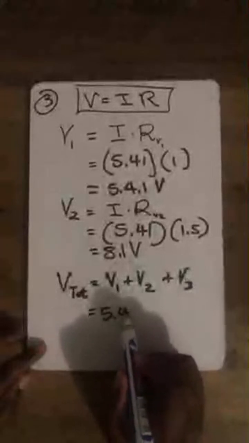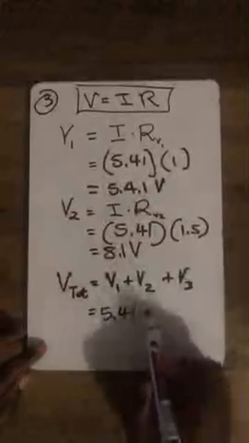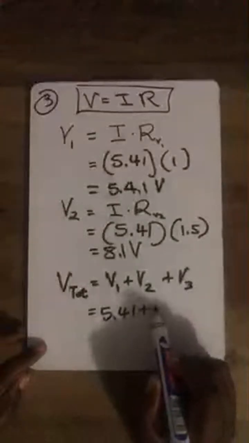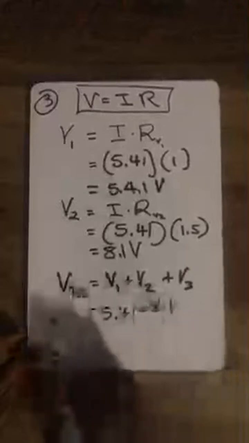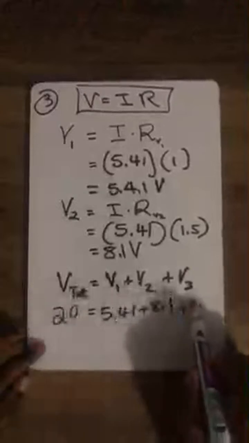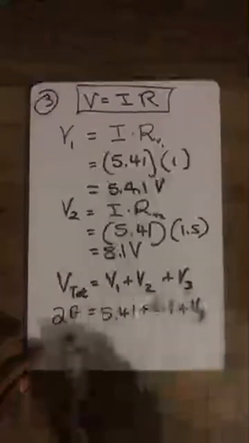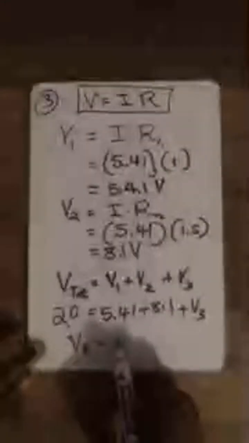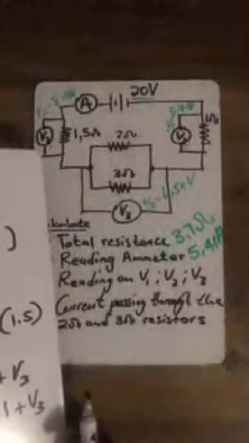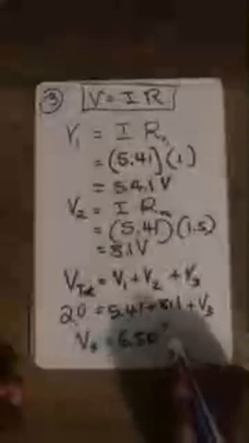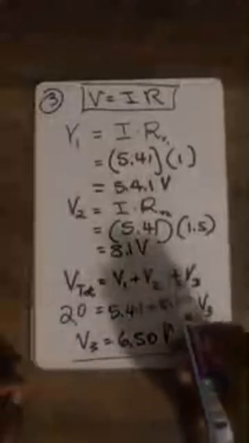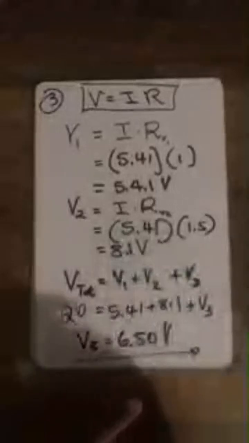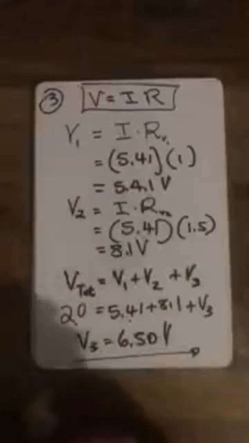V1 you got 5.41 plus V2, which is 8.1. But remember, our V total is 20. So we are looking for V3. So your V3 is equal to 20 minus that, and that's going to give you 6.5. Is it 6.5? Yes, it should therefore give you 6.50 volts, not 16. I'm not sure how you got the 16, but otherwise this is how you work it out, honorable members.